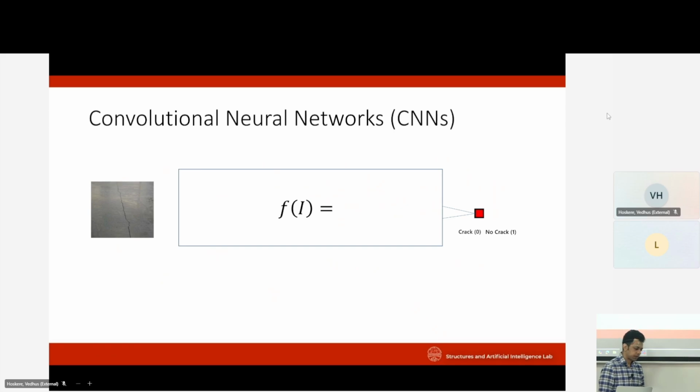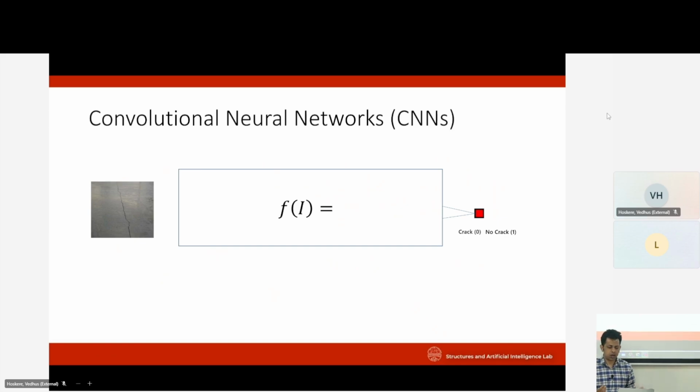Now, if you're trying to deal with a classification problem, your goal is, if you have an image, to classify that image into a certain class. So you need to know what classes you are looking for. Say we have crack or no crack as our two classes. Then essentially I want to find a function which takes the image as input and can output some discrete labels, where each of those labels corresponds to the classes that I'm interested in identifying.